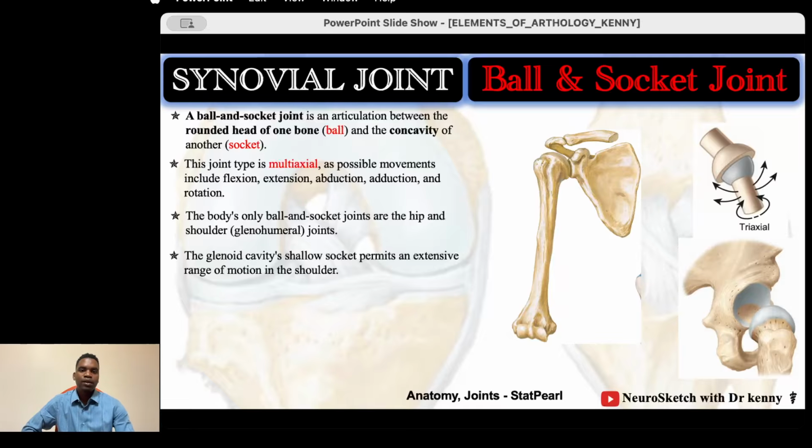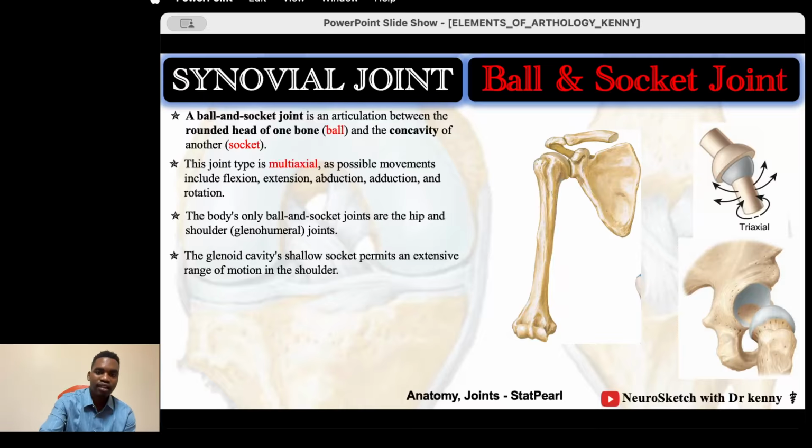Why? Because the socket is very shallow, and the shoulder is highly mobile. It moves freely, unlike the hip joint. The higher the mobility of the joint, the less the stability of that joint.